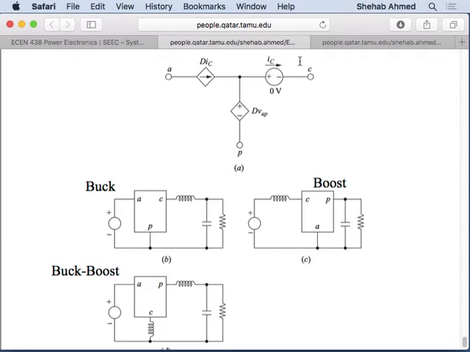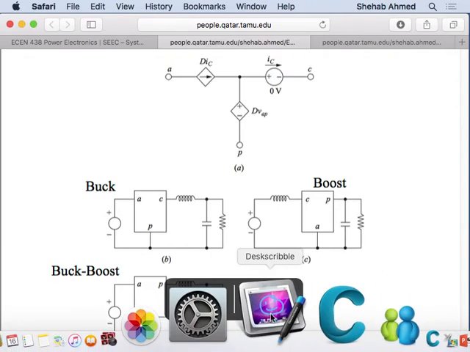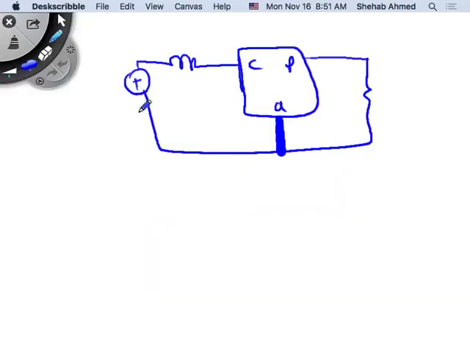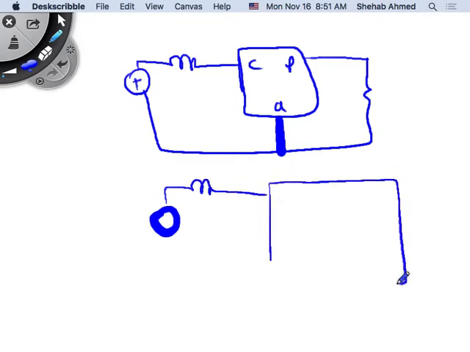Okay? C, forget about C. A is the dependent current source, and P is the dependent voltage source.